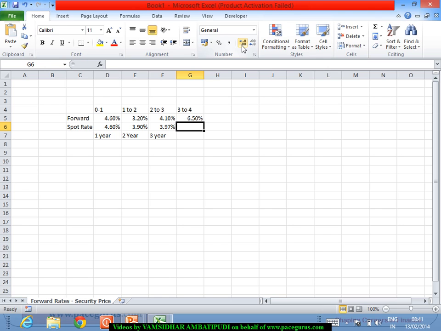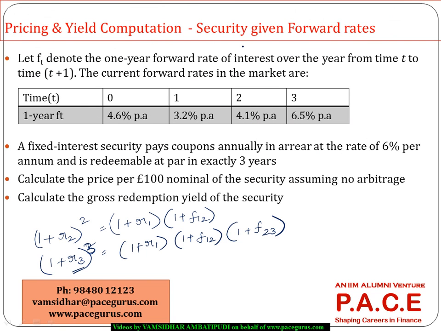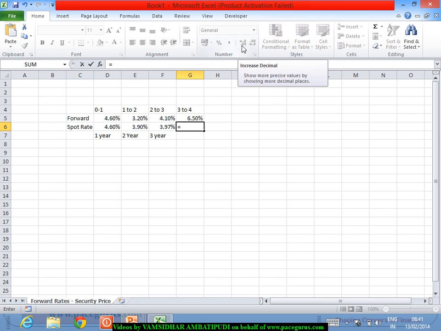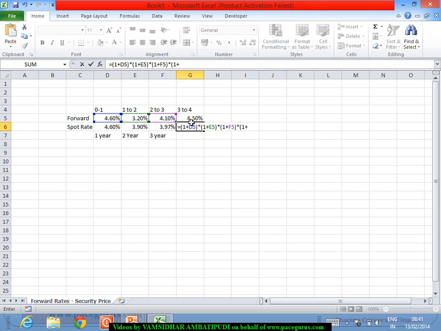Obviously, I don't need the 4-year spot rate in this example because my security is only for 3 years. But in case I want to talk about my 4-year spot rate also, it's nothing but I'm doing a multiplication of this, and then 1 plus 4.1, and then I'm also multiplying with 1 plus 6.5.